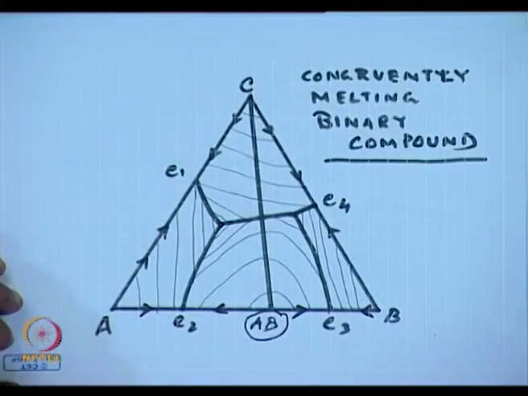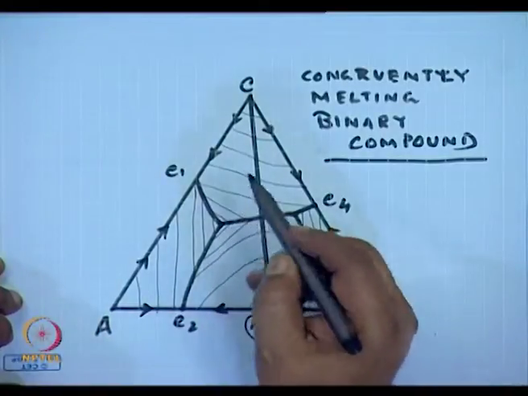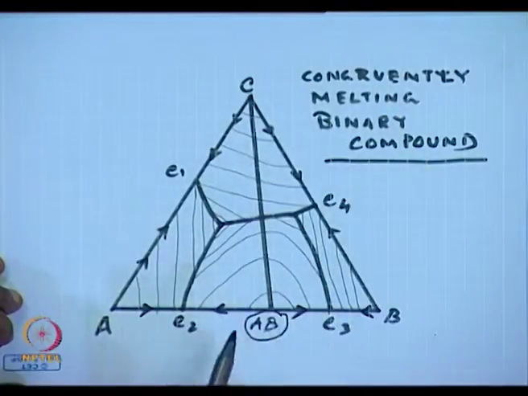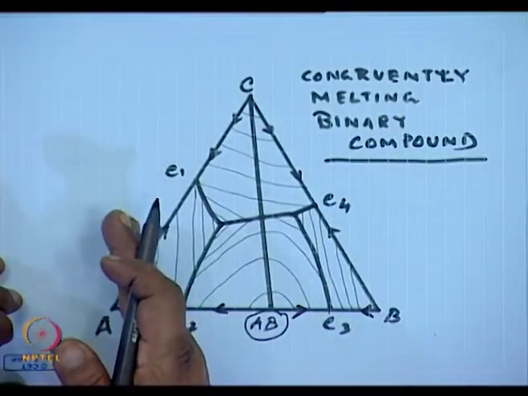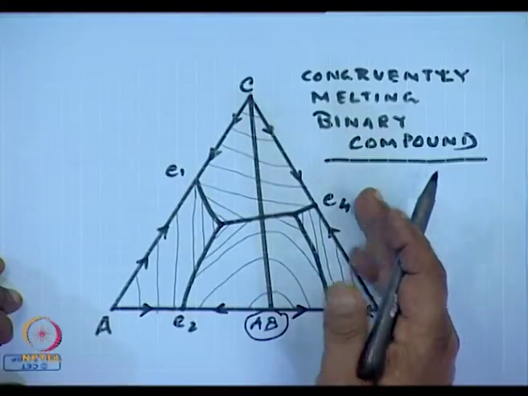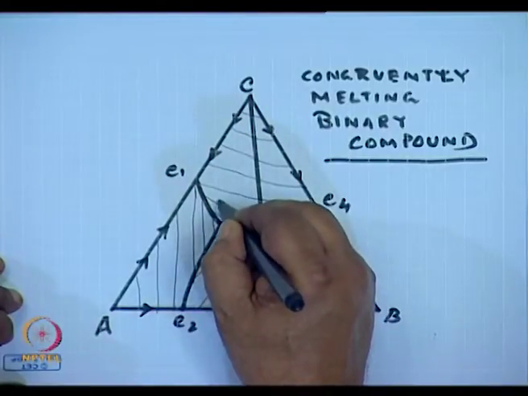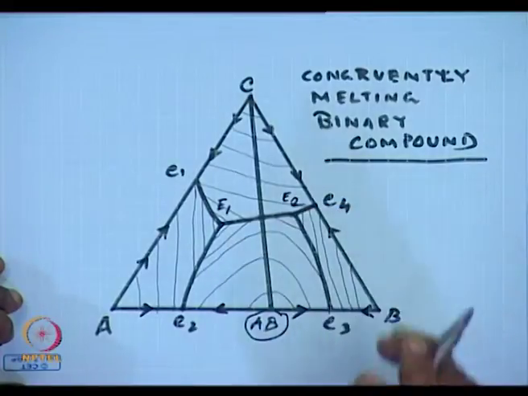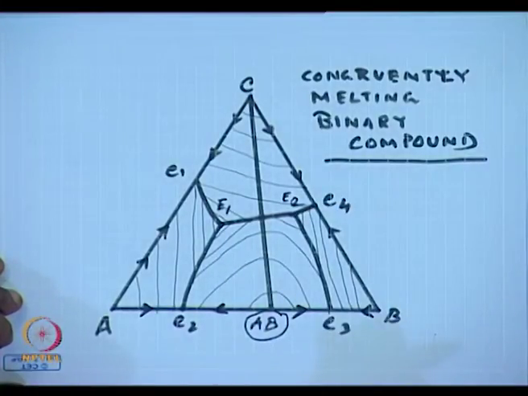Here we have 4 eutectics, because this triangle, this join CAB, separates this part from this part. So essentially what we will have is 2 ternary eutectics, E1 and E2.